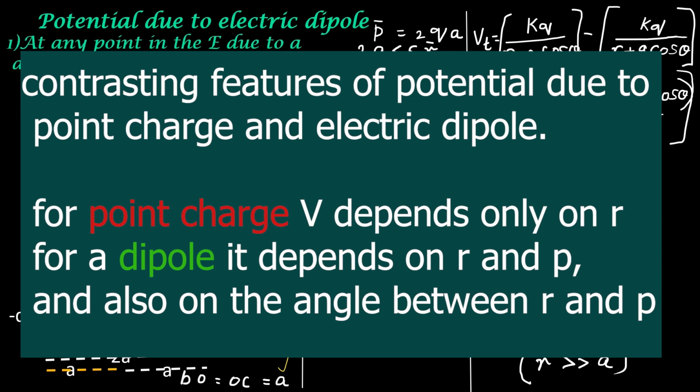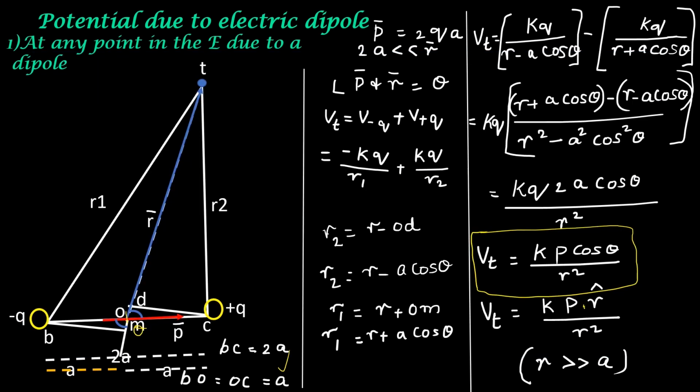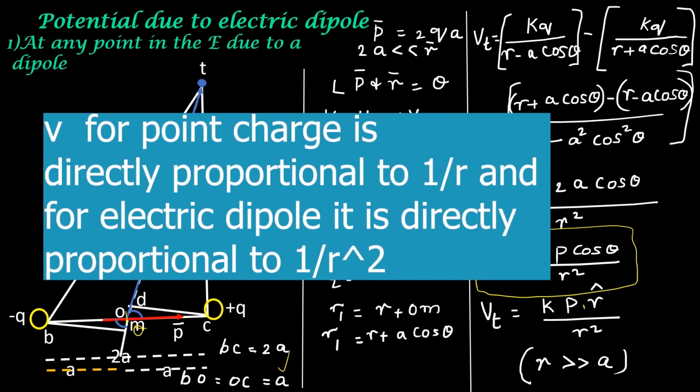But for an electric dipole, it depends upon the position vector R and the dipole moment, and also the angle between dipole moment and position vector. Another contrasting feature is that electric potential for a point charge is directly proportional to 1 by R, whereas for an electric dipole it is directly proportional to 1 by R square.